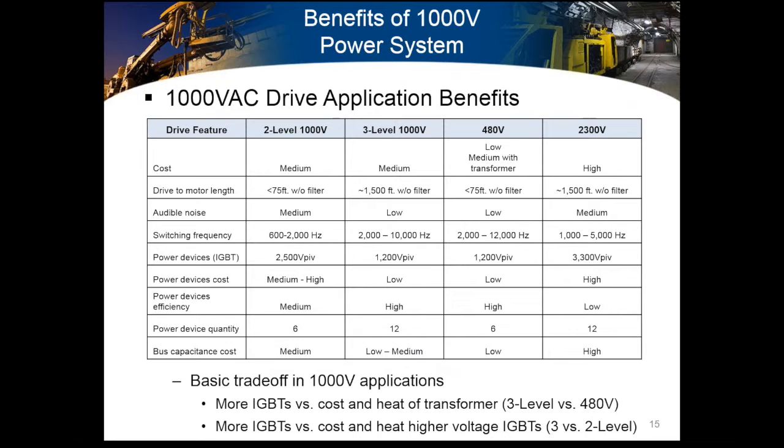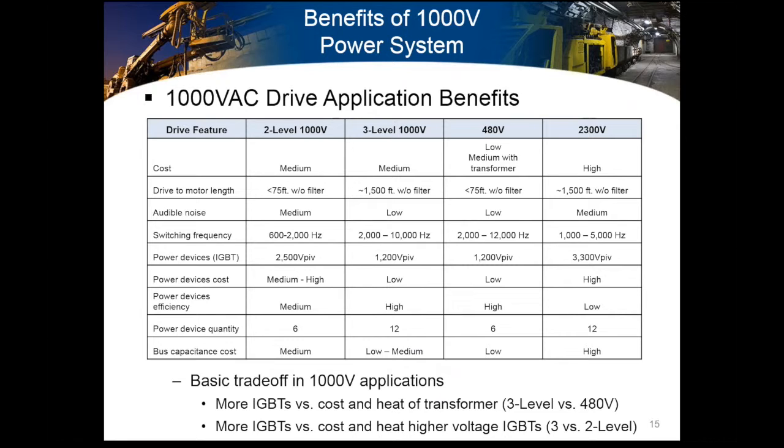So if we compare the trade-offs of 1,000-volt applications, yes, it's going to have more IGBTs regardless in comparison. But comparing a 3-level to a 480-volt, and in this case we're using a 1,000-volt with a transformer stepping down to 480 and a transformer stepping back up from the output of the drive to 1,000-volt, you reduce the amount of heat and losses and costs that you would have with the two transformers.